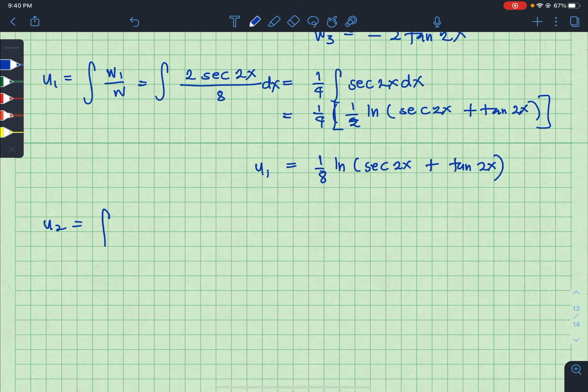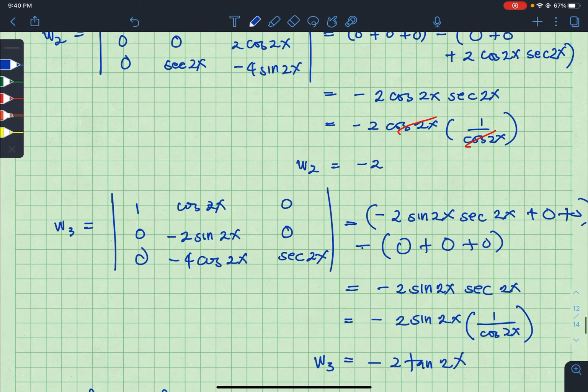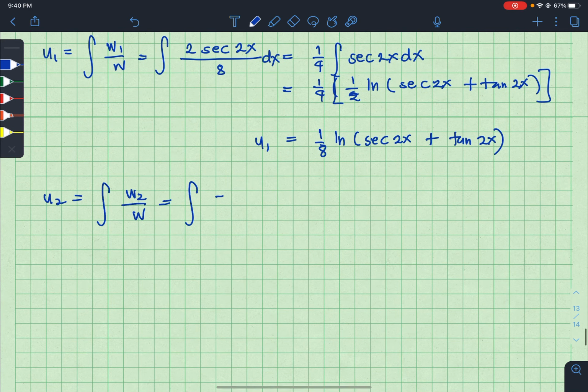Our u sub 2 is W sub 2 over W, which is negative 2 all over 8, and that would be dx. That would just be negative 1/4 dx.